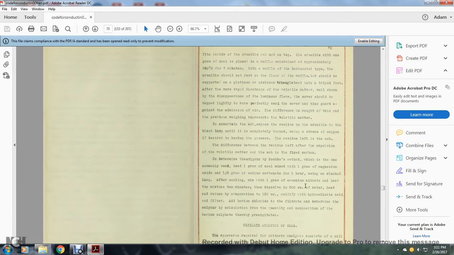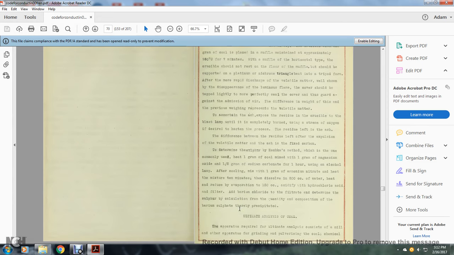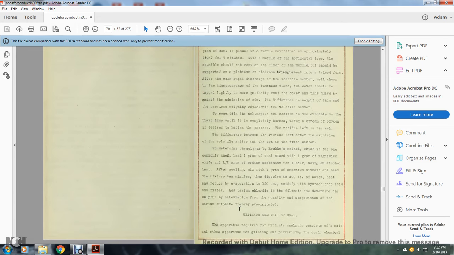Dissolve in 2 cc of water, reduce by evaporation to 150 cc, and make slightly acidic with hydrochloric acid. Filter, add barium chloride, and filter. The sulfur can be determined by calculating the quantity from the barium sulfate thereby precipitated.